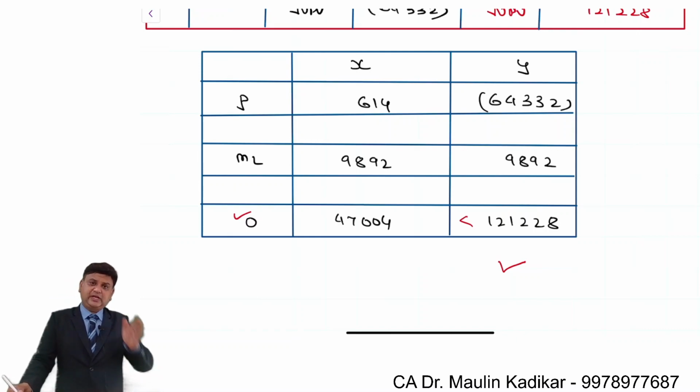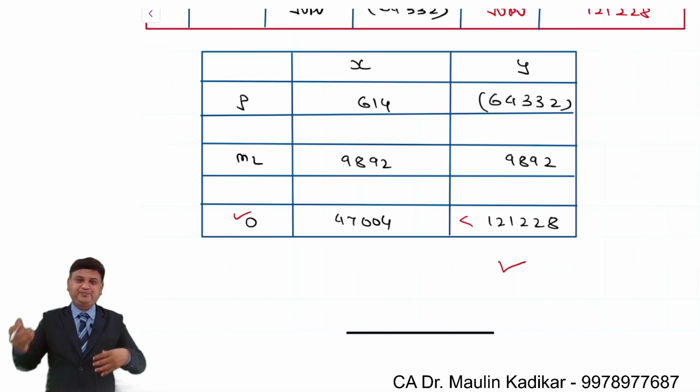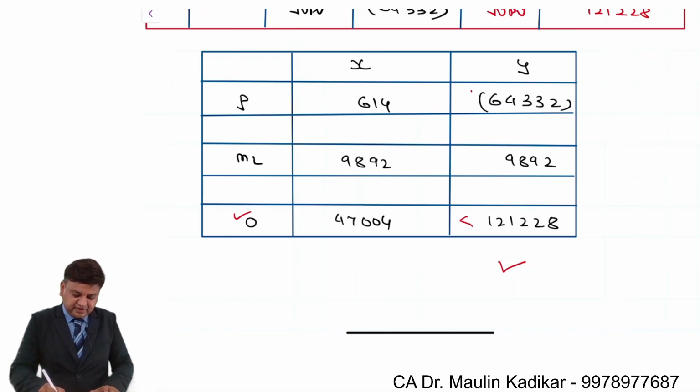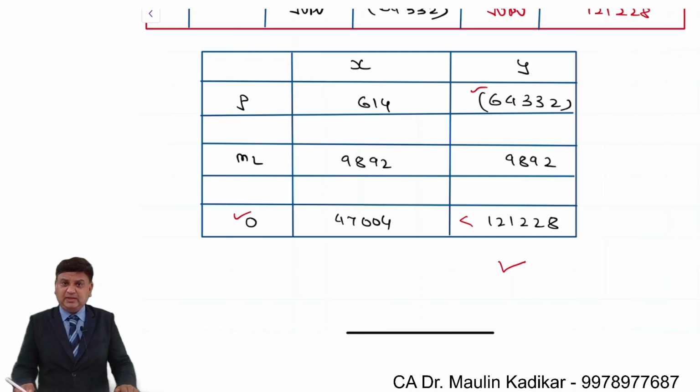If you opt for project Y, you will benefit if things are positive. But at the same time, you have to bear negative NPV if things are not positive, in a situation like pessimistic.